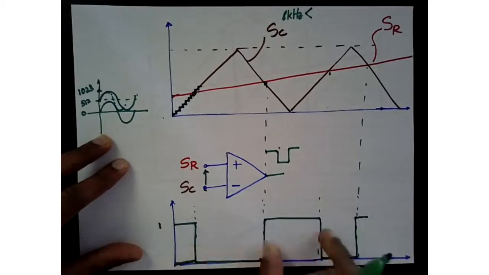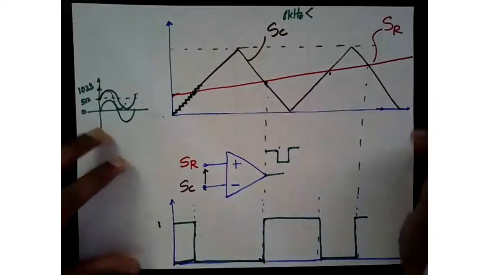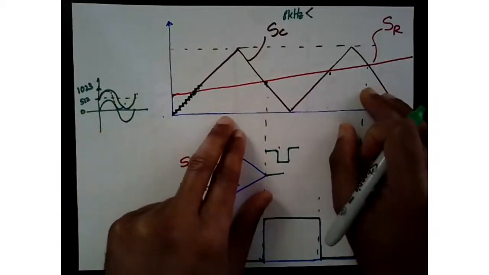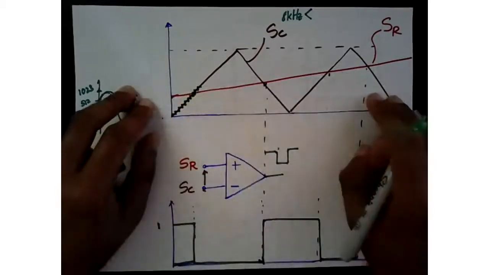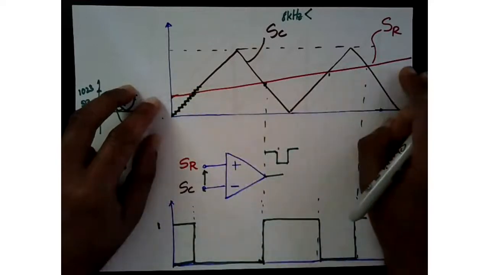Okay, so this will now continue depending on how the reference will change. This is a little bit of an exaggeration. In practice, with respect to the carrier, your reference is very slowly changing.